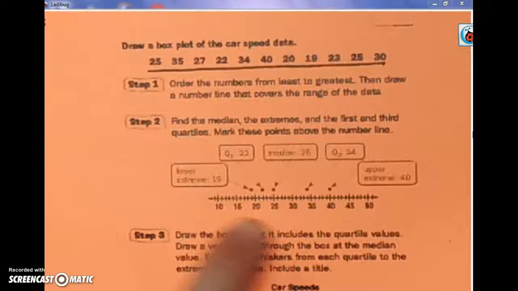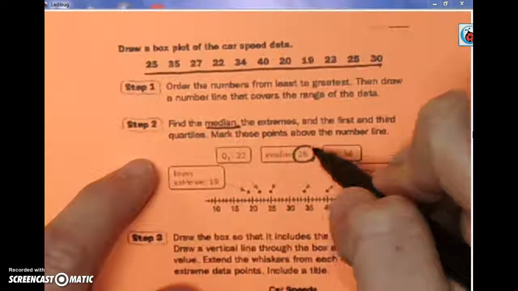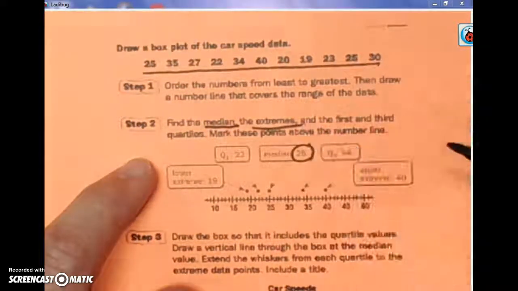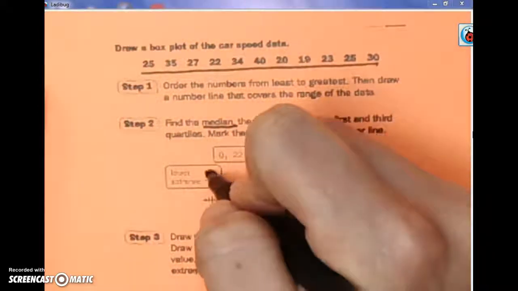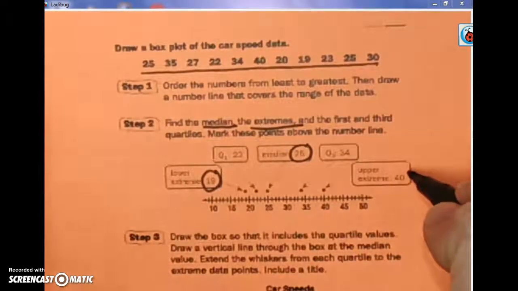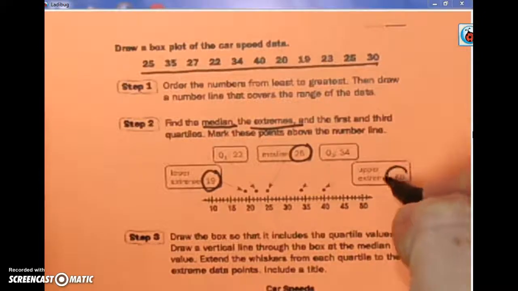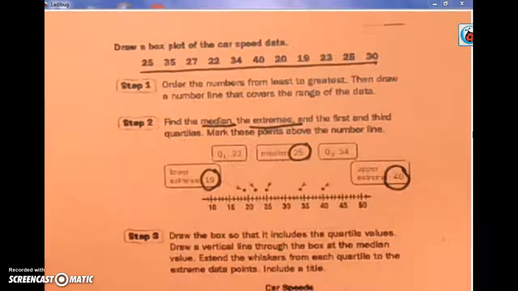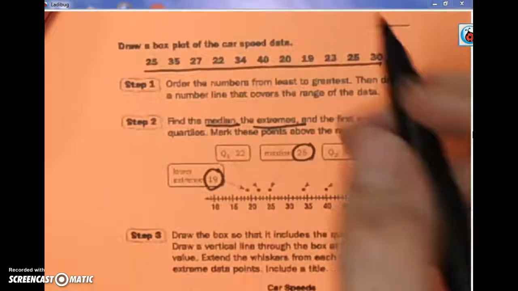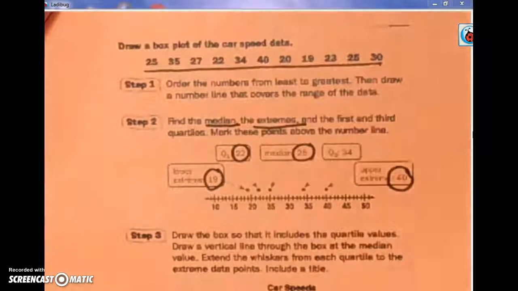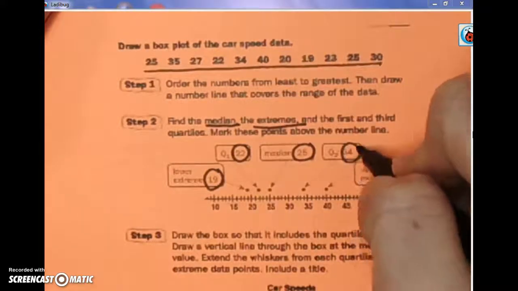And then you're going to find the median, which is 25, the extremes, which means the lowest number and then the upper number, so you have 19 and 40, and then the first and third quartiles. So the quartile 1 is 22, quartile 3 is 34.